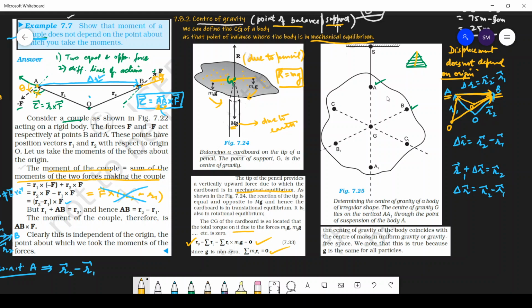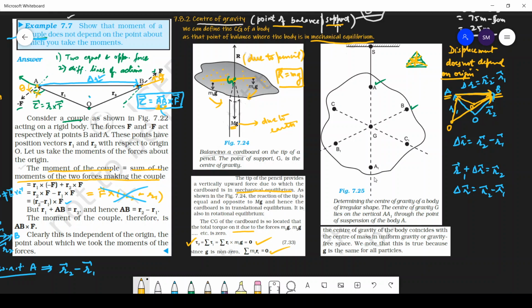So the center of mass lies on this line, and on all three medians the center of gravity is going to lie. The common point of all the medians was the centroid. So the centroid was the center of mass of the triangular lamina. Remember?